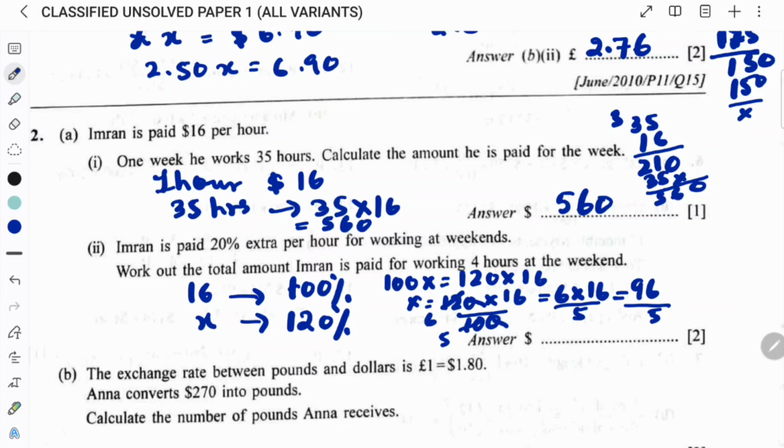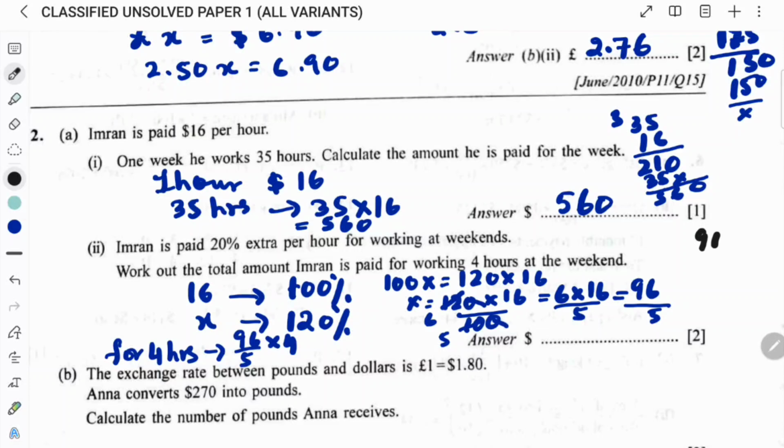So just simply multiply. This is the answer for 1 hour. So for 4 hours, that is 96 divided by 5 multiplied by 4. Actually it's not cancelling, that's why I'm multiplying it. It's up to you, you can cancel it if you want.